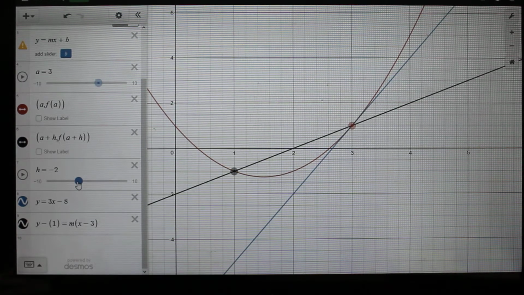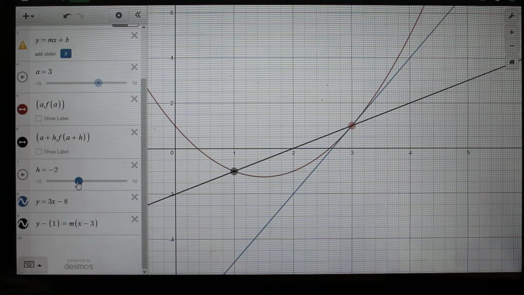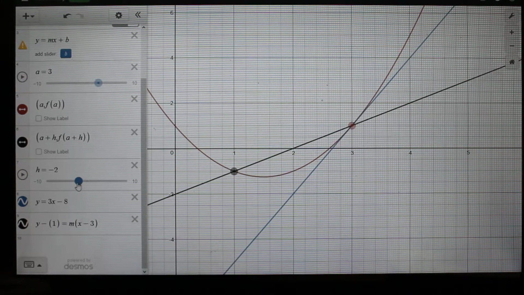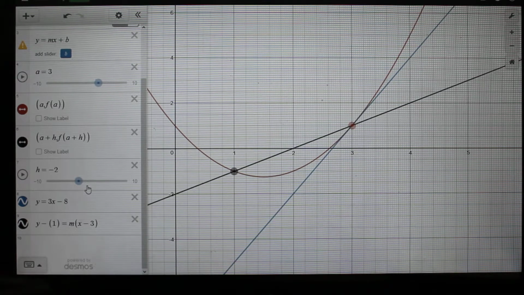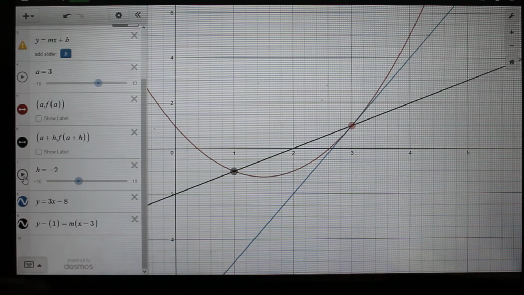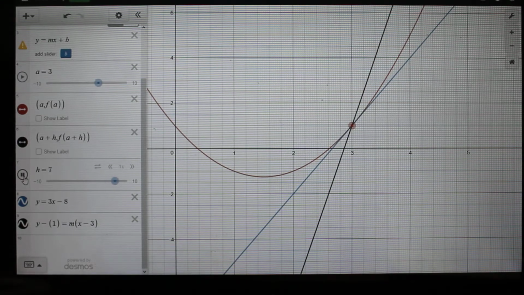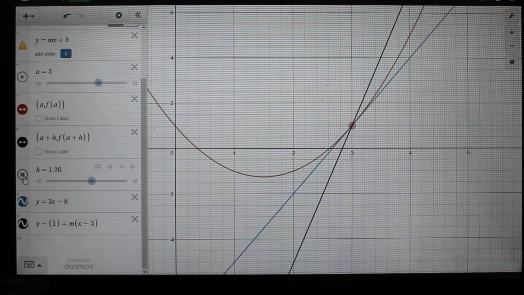Also in our class, it explains that the slope of the tangent and the slope of the secant are actually very close, because checking it through Desmos allows us to view how the h value reduces and how it moves towards the slope of the tangent. At this point, I would say technology is very helpful for us, because if I play it, I will be able to see how my line moves.